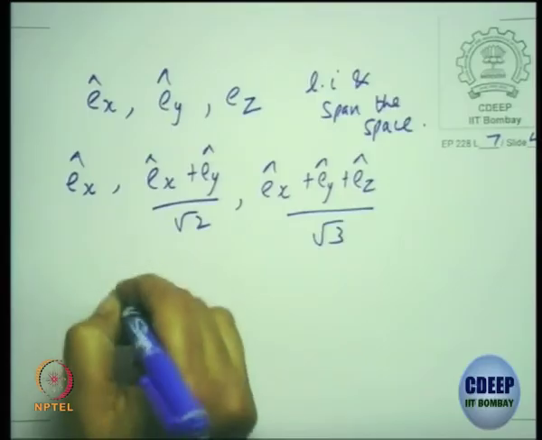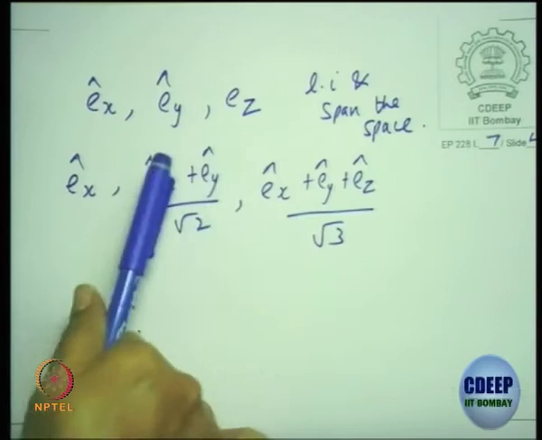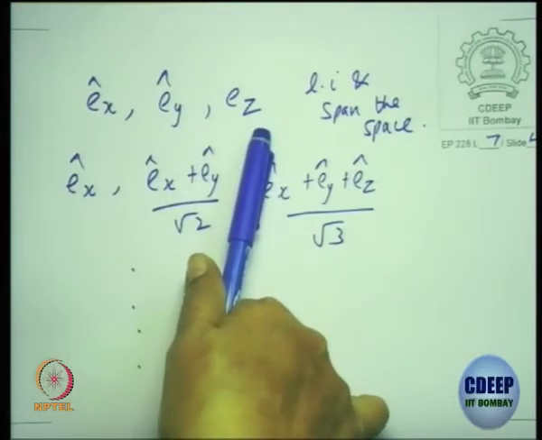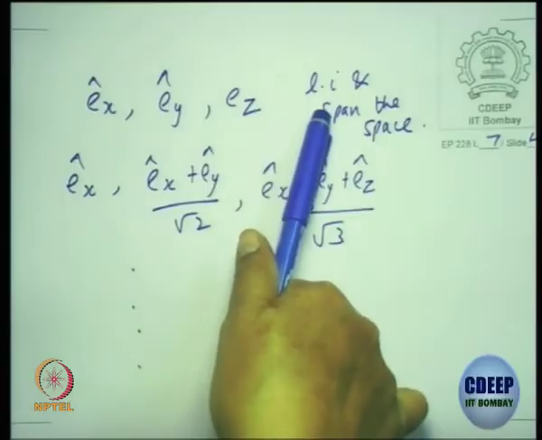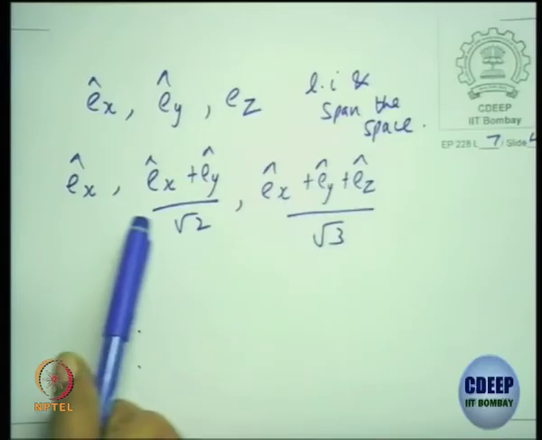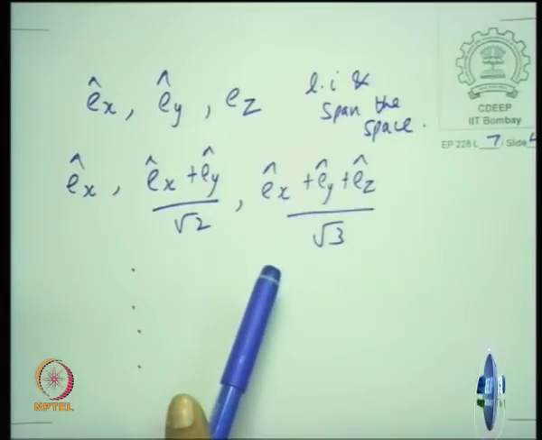So you can actually list, you can keep going. But you notice something in this. What is something which you notice? The number of states which are linearly independent and spanning the space is always the same, right?